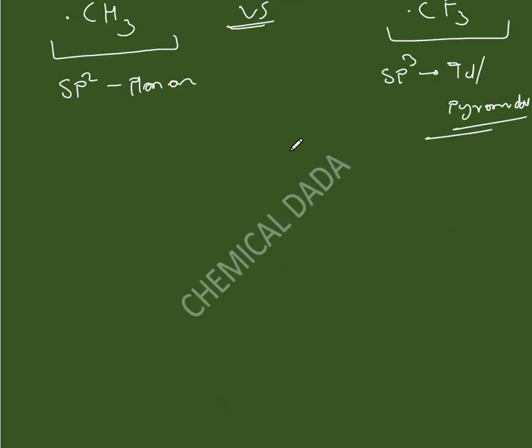Let's see how these species were formed at the very first place. Let's look at the CH3 radical. Now this molecule was initially something like this. There's a bond between A and this. Then you break the bond homogeneously and you get the CH3 radical.